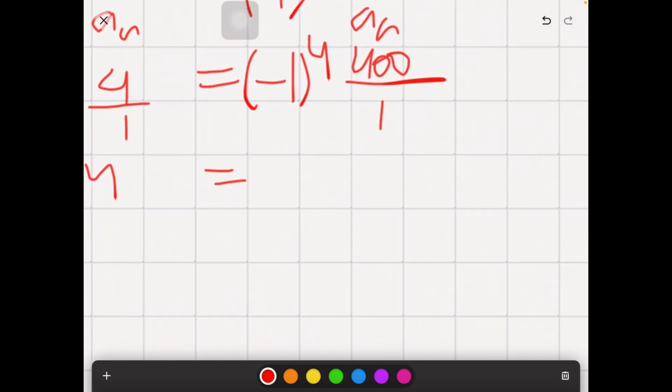Simplifying that a little bit, negative 1 to the power of 4 is just equal to 1, and 400 is just 400. If you multiply anything by 1, it's just the number itself. So this just becomes 400.